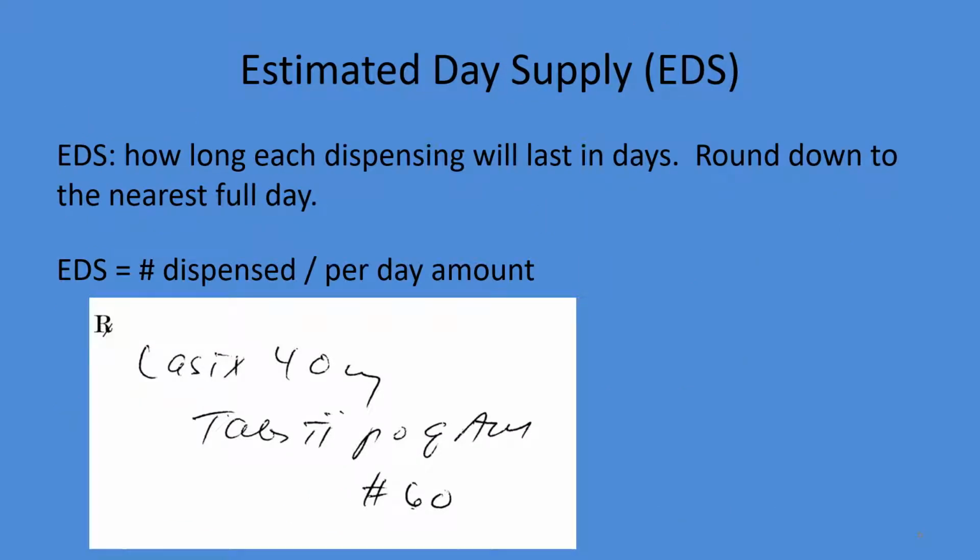All right, so EDS for this one we already solved. You just take the amount dispensed divided by the maximum that they can take per day. So for us, 60 divided by 2 per day for an EDS of 30. So we expect them to come back for a refill in 30 days.